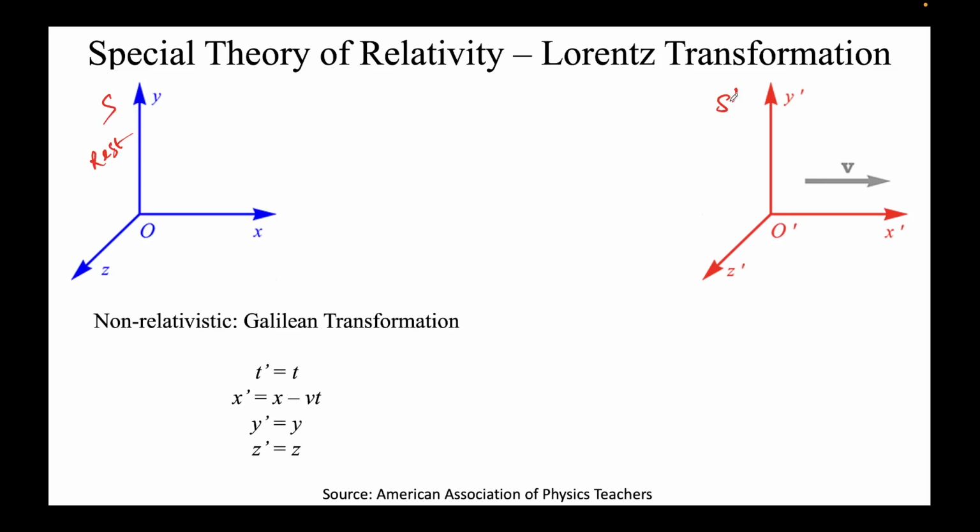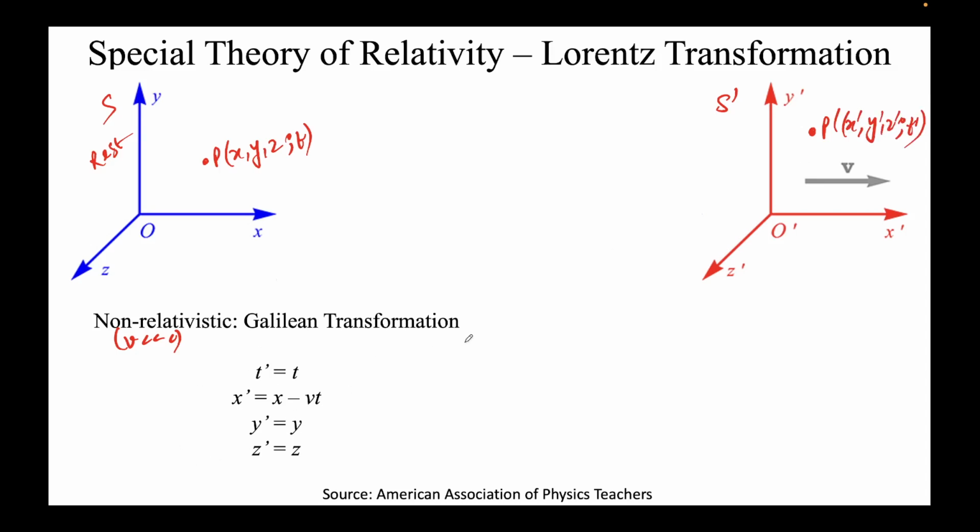So let's say if your v is not relativistic, this means v is much less than c, then we are habituated to seeing this kind of transformation, right? Time does not change, and x prime will be simply x minus vt. So there is a particle P here with coordinates x, y, z, and t. Similarly, this event will be P prime, x prime, y prime, z prime, and t prime. We have seen that, right?